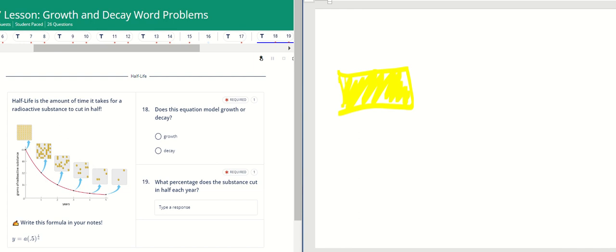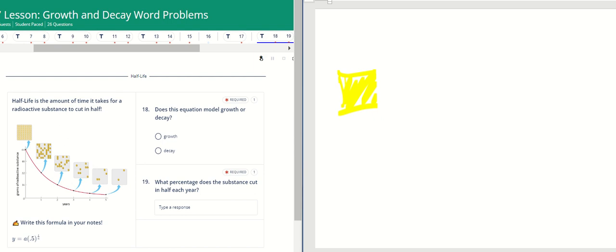Let's say a radioactive substance has a half-life of 1 year. What that means is when the first year goes by, it's going to cut in half. That's why it's called half-life, because the substance literally cuts in half. So in year 1, it cut in half.